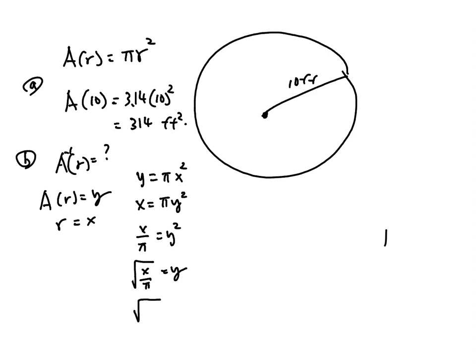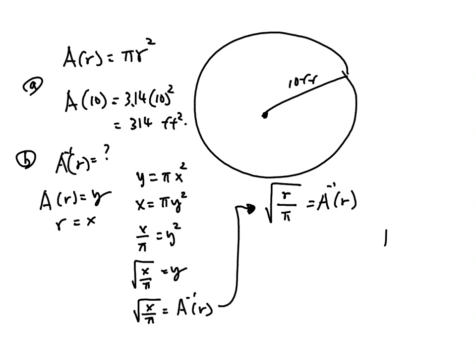So this is going to be square root of X over pi equals the inverse function of R. And just to make sure I use the correct letters for everybody, where the X used to be, that needs to be replaced with R as well.